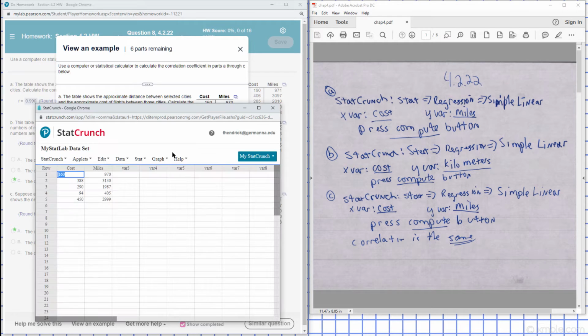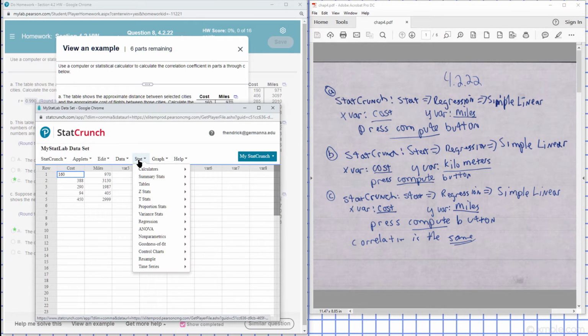So in part A, we can go from Stat, Regression, Simple Linear.